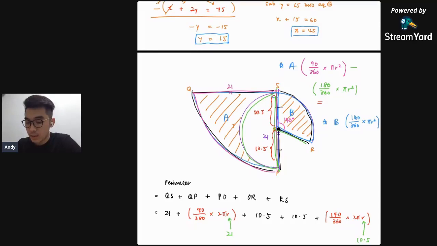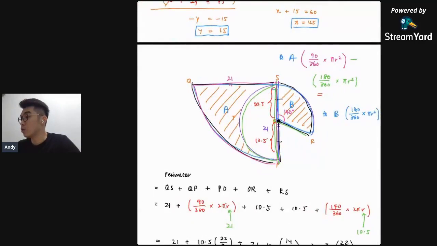Okay, good. All right, I got my answer already. If you add the two areas up, you should be getting 308 cm squared. You should be getting 308 cm squared. So that is the answer. 308.